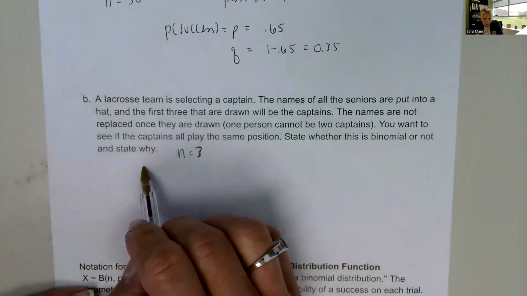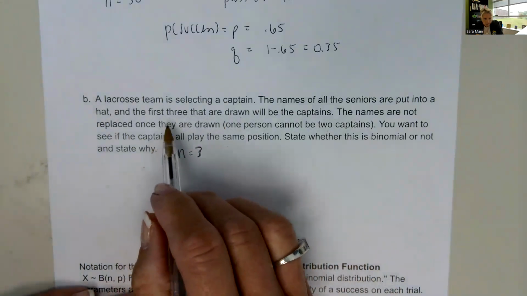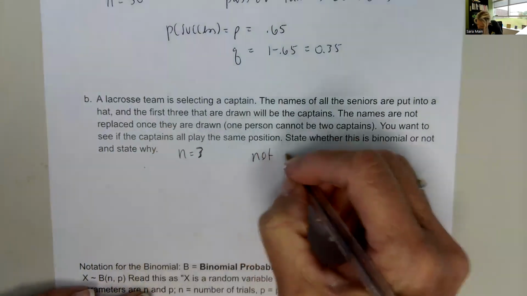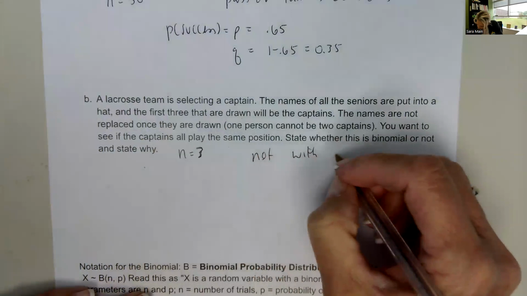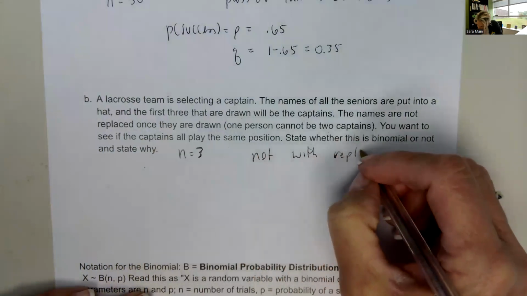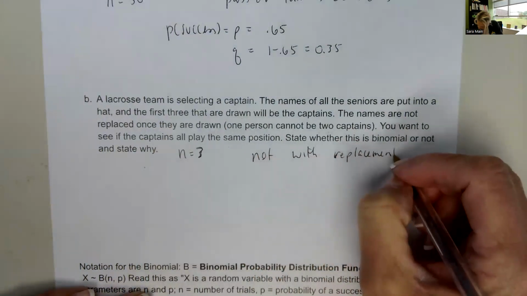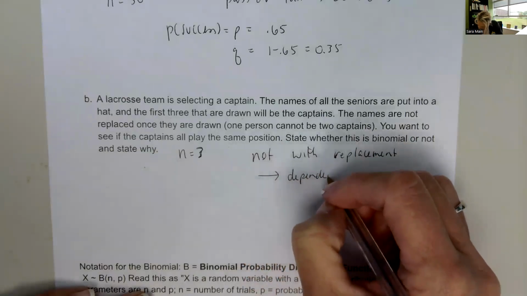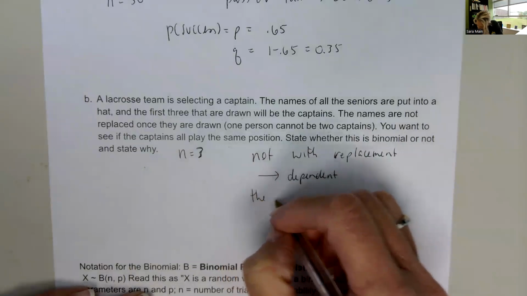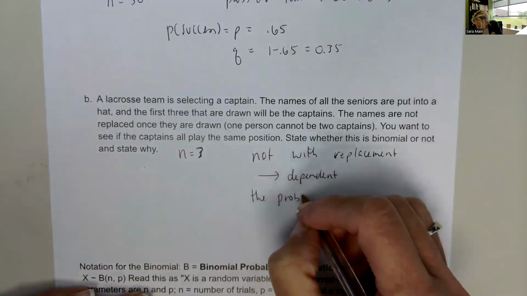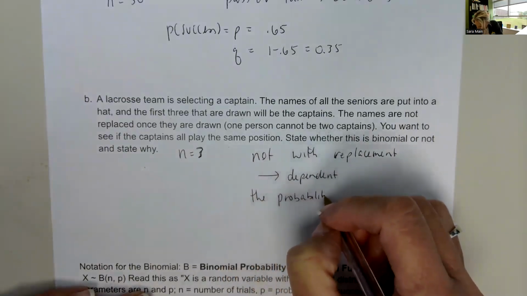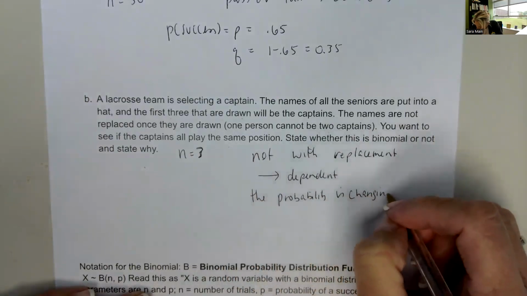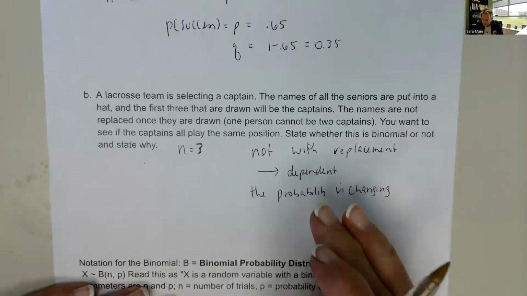There's 1 fewer person now left in the hat. And so because it is not with replacement, it's a dependent situation. And so the probabilities are changing. So this would not be considered a binomial experiment.